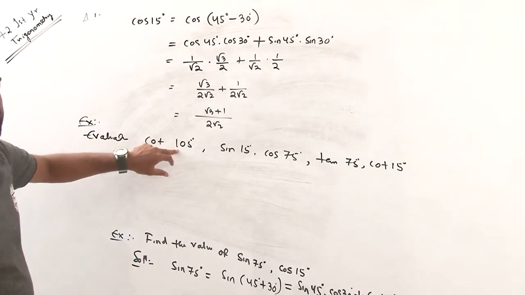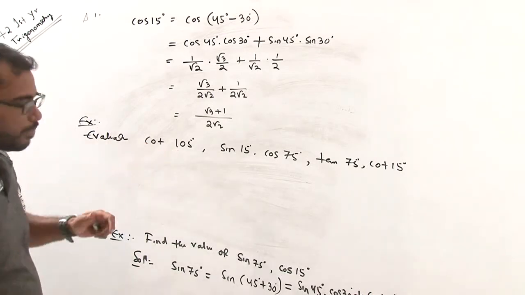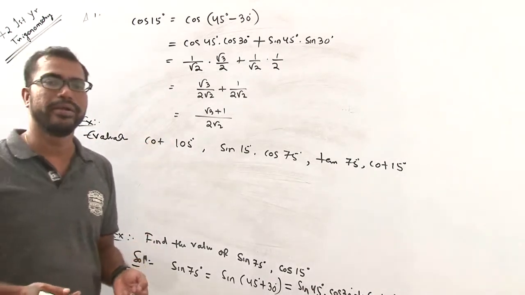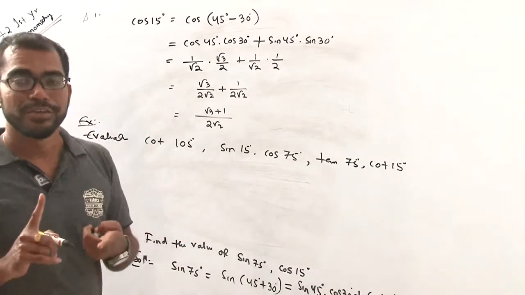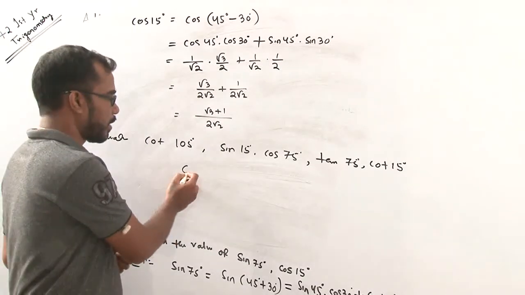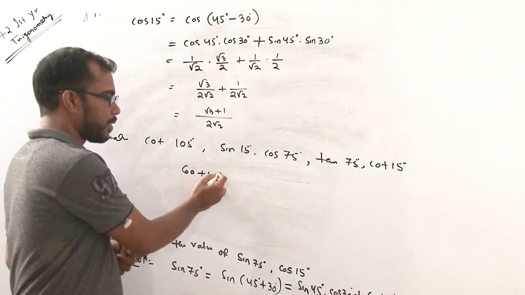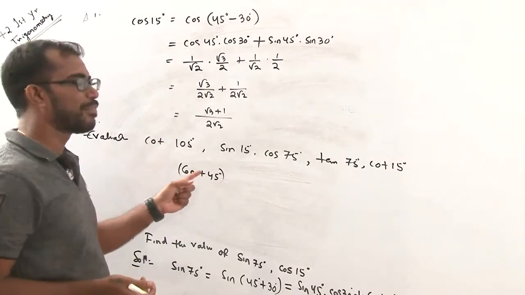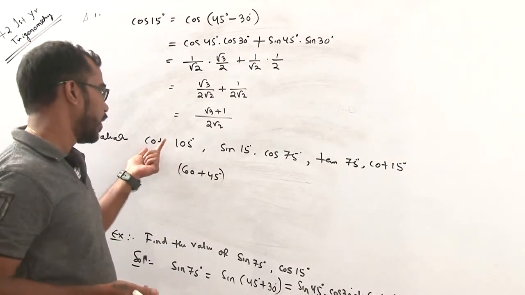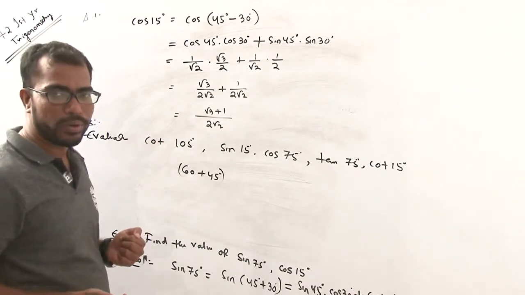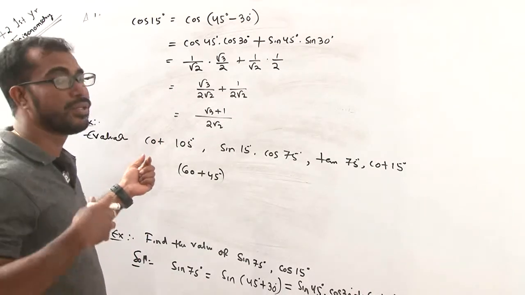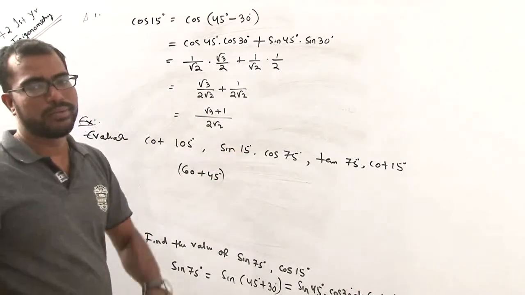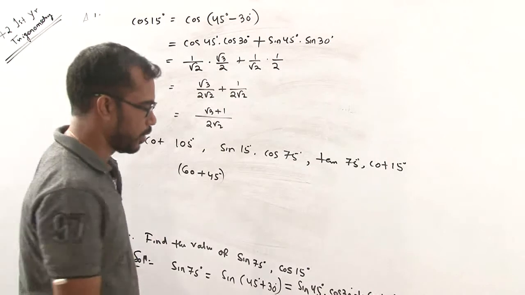Cot 105, how to break it? You can write 105 degree as 60 plus 45 degree. So here we can apply the formula cot A plus B. If you find the value of cot 105, then you can use the formula cot A plus B. Similarly, you can evaluate all these T ratios.